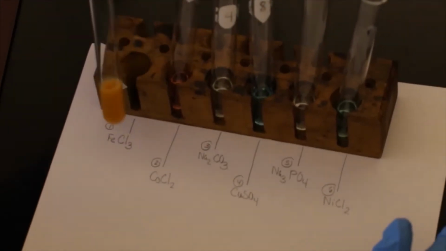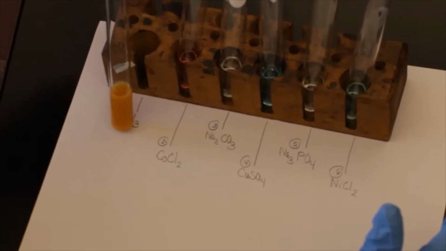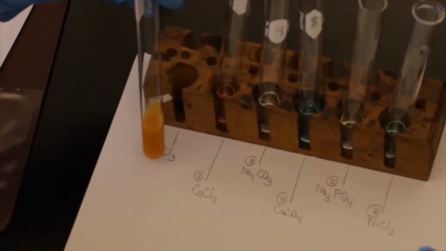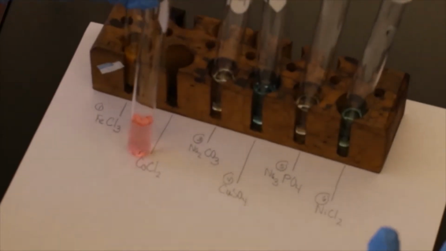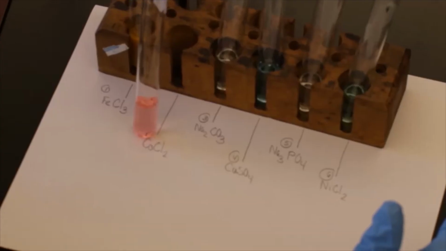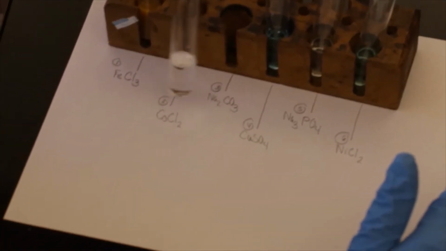But the first one is FeCl3. This is kind of a little bit of a slurry, but it is an orange color, okay? So iron gives us this orange color, iron chloride. Then we have our cobalt, CoCl2. This would be solution 2. It's a light pink to start with on its own. Solution 3 is clear. That's Na2CO3.